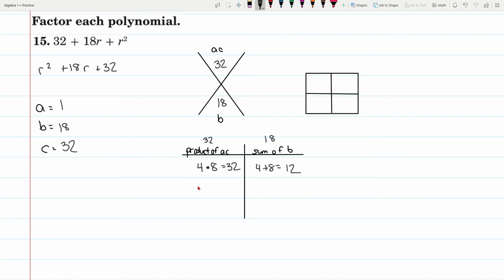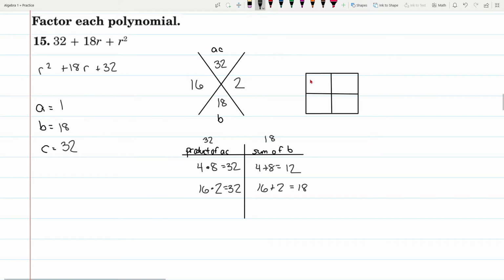If we think about 16 times 2 then, that is 32, and 16 plus 2 does equal 18, so there they are, 16 and 2. As 16 times 2 is 32, and 16 plus 2 is 18.